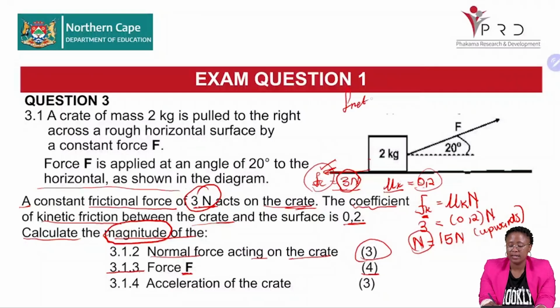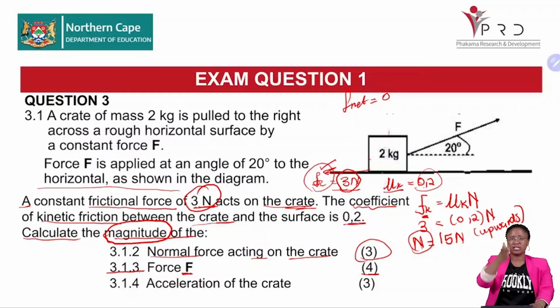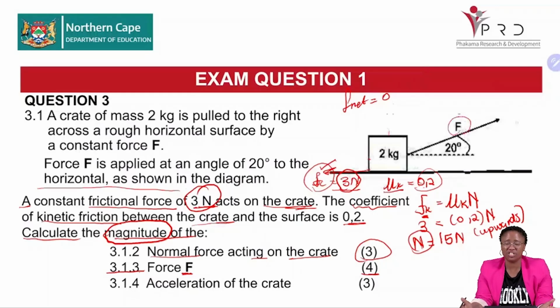You can use F net equals 0. Why? Because you want to only look at the forces that are acting vertically. Why? Because those are the forces that are going to give you what you are looking for. Here we don't know how much force F is, and we can't use the horizontal because we don't know how much the acceleration is, and we were not told that the object is moving at constant velocity.